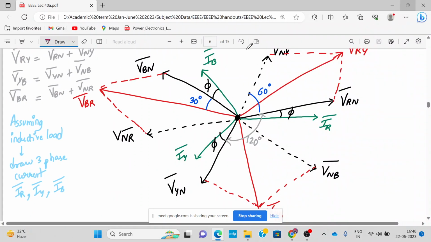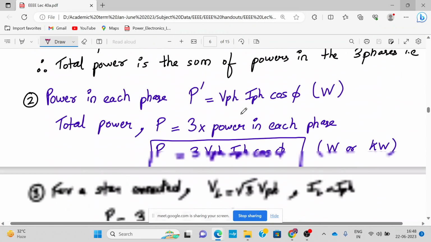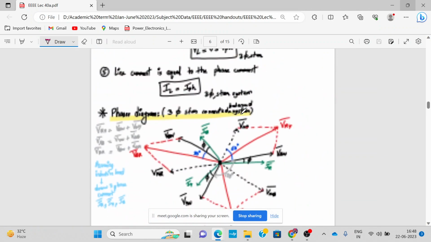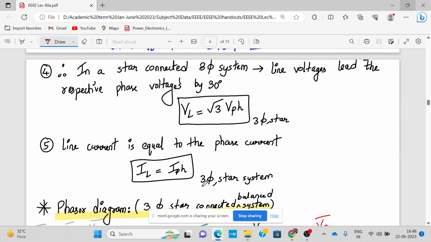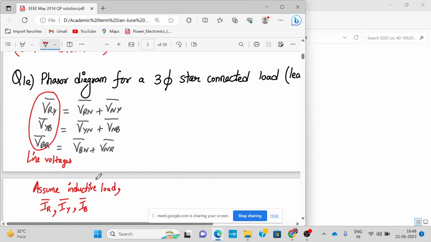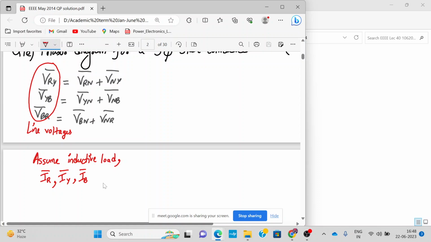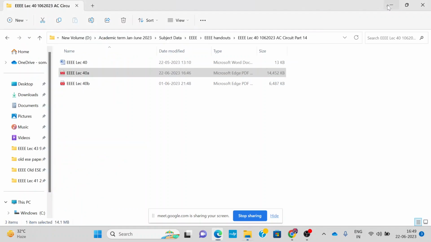In the next summary, in case of a star connected load, your line current and phase current are the same, but your line voltage and phase voltages are different. So line current and phase current are the same.